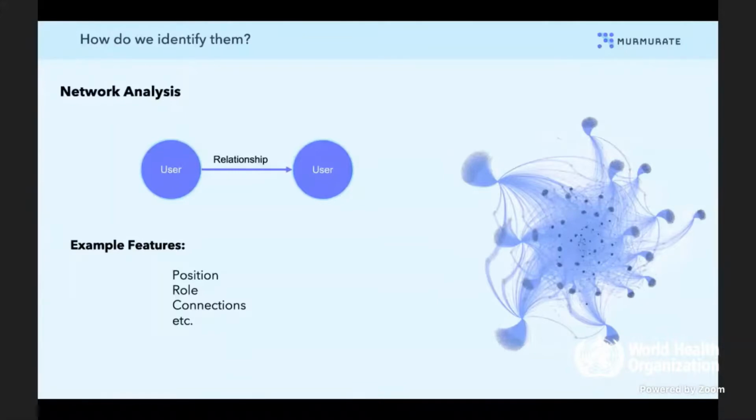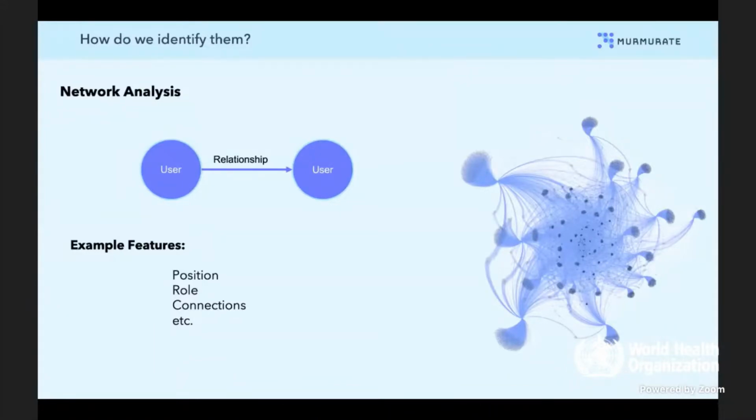If we think about social media, that might be a Twitter account, and the relationship between them is that one of them follows the other or that one of them retweets the other. When you add all of those together and you look at a conversation on a much larger scale, you end up with a network graph like the one you can see on the right of this presentation.